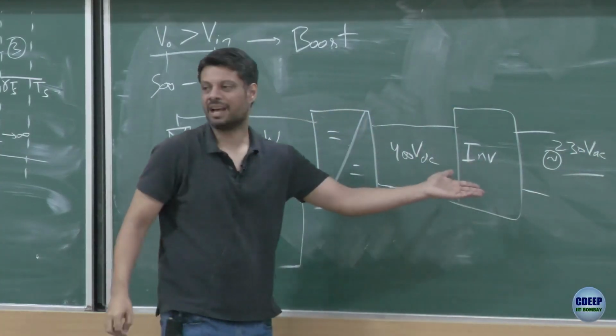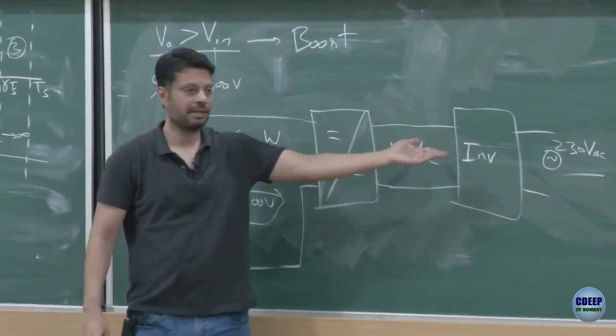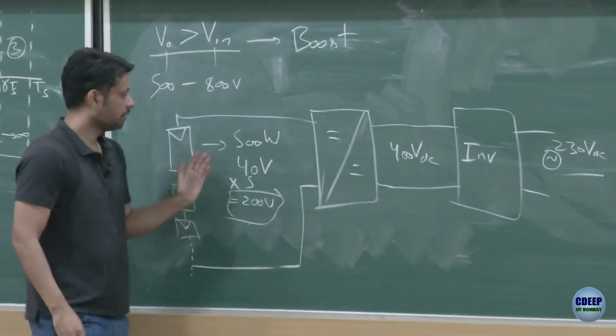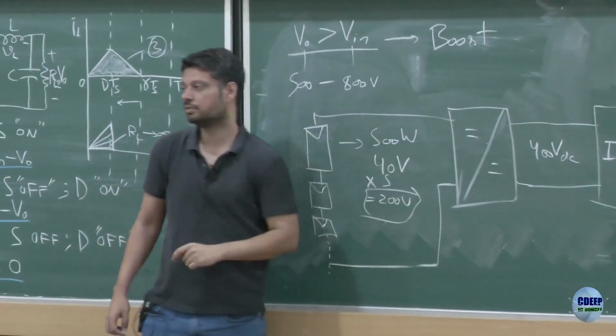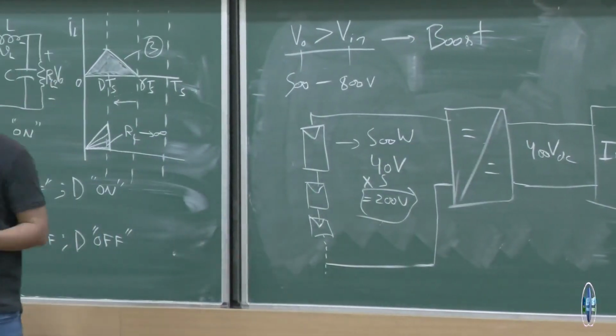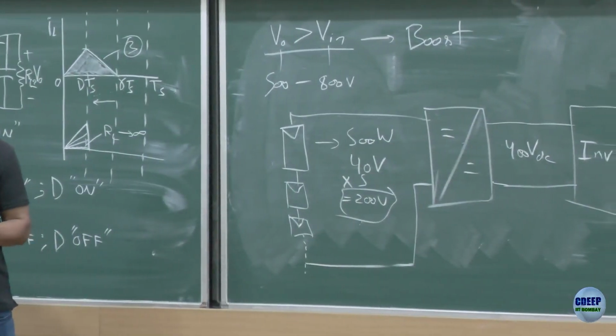Now inverter we don't know as of now, we'll learn about it a little later in the course. But in this case you would require a boost converter going from 200 volt to 400 volt, when you want to step up the DC voltage.